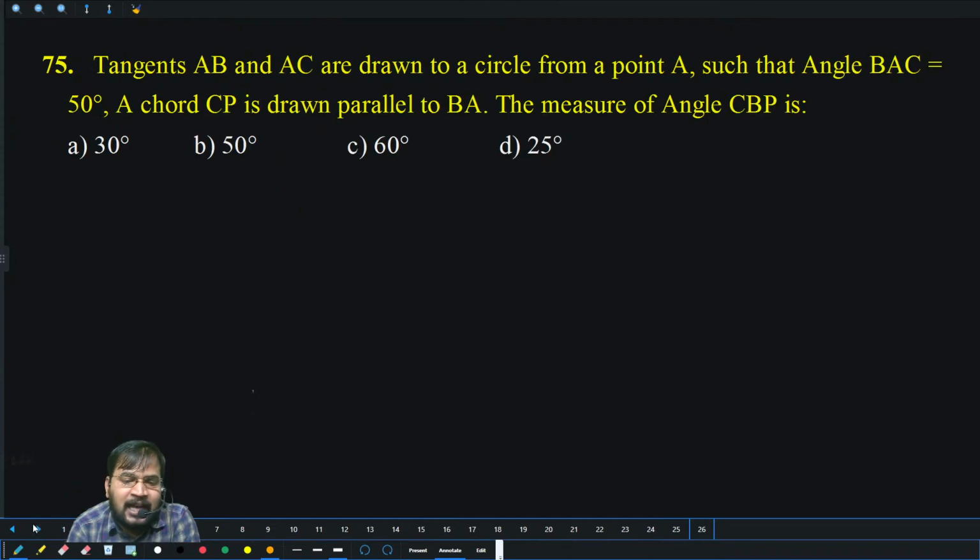Tangents AB and AC are drawn to a circle from a point A such that angle BAC is equal to 50 degrees. A chord CP is drawn parallel to BA. The measure of angle CBP is dash.